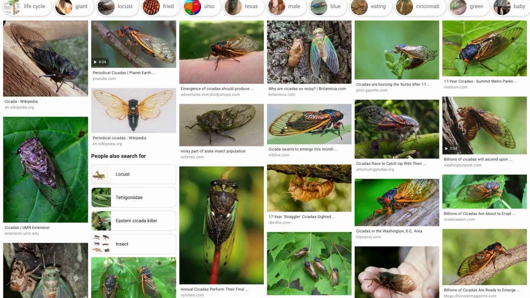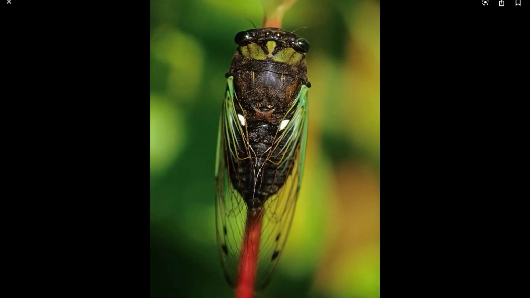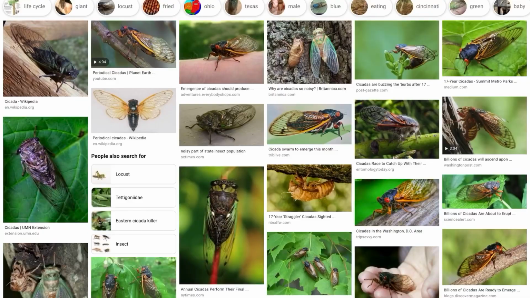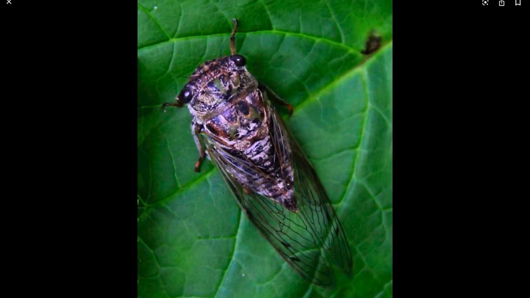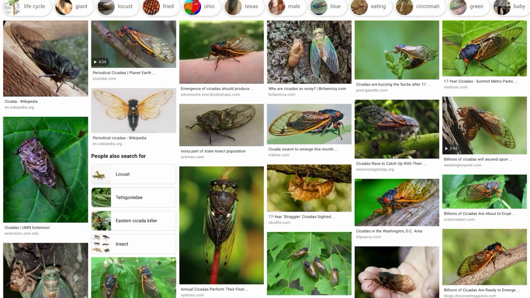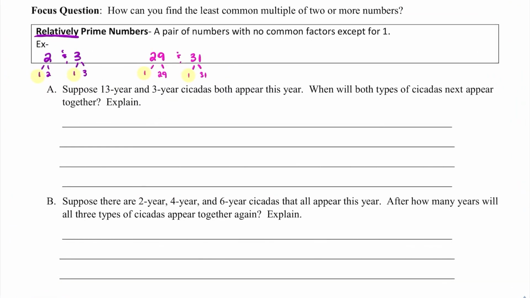Now if you have no clue what a cicada is, they're these little buggies. Look, it's so cute. Look at those eyes. They're kind of related to grasshoppers, maybe crickets. Cicadas make those buzzy sounds that you hear, like if you're going hiking, you might hear bugs going bzzz.